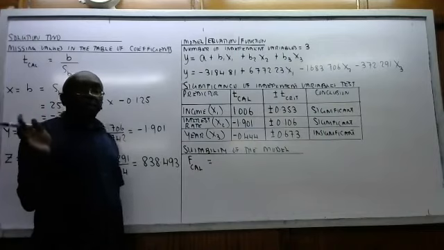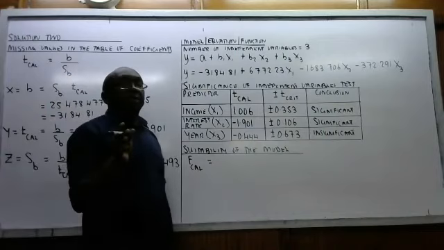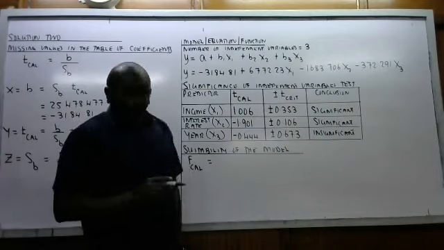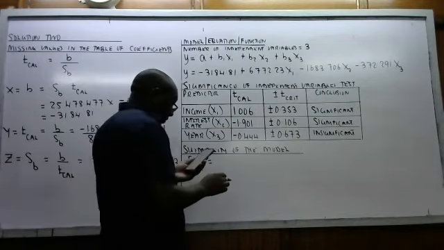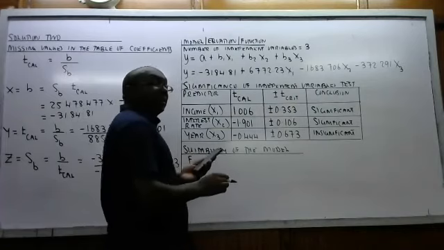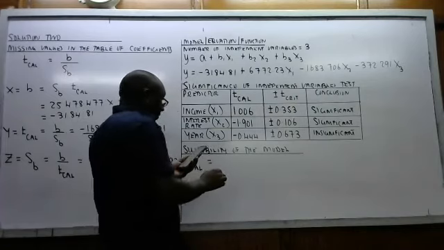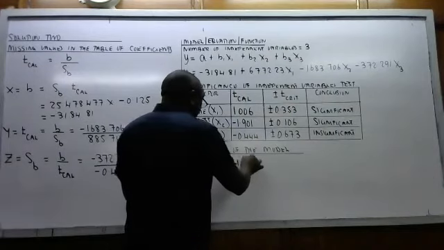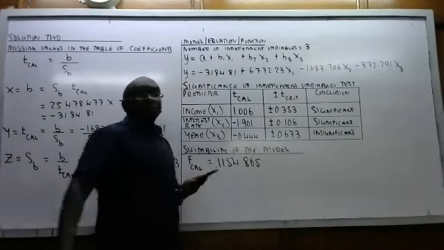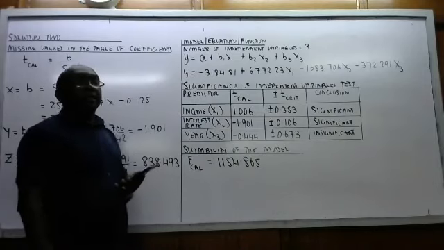Ukisahau rudi kwa zile points zenye nilikupea uangalie F calculated inapatikana wapi. It is what? Yeah. 1154.865. Good. Hiyo ndio F calculated.